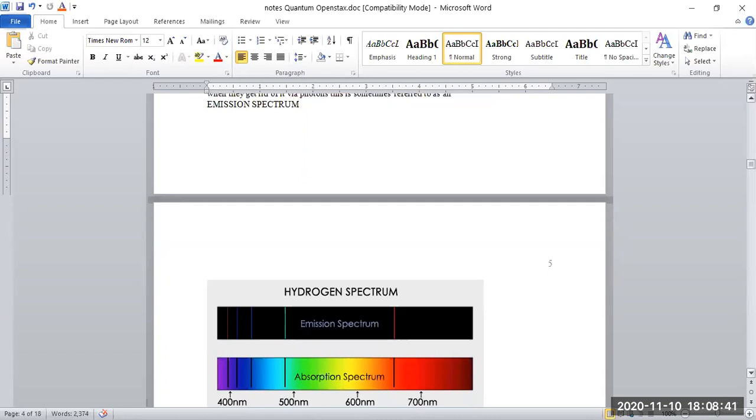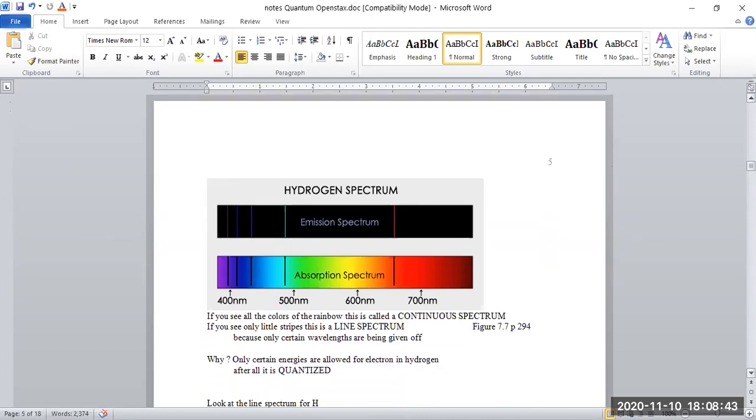Now look at the difference here. We've got the hydrogen spectrum, which isn't a rainbow. It's just these 4 or 5 stripes. We've got a shade of red at the far left-hand end. We've got kind of a purple, a sort of a bluish, kind of a green one, and then there's another red one at the far right-hand end.